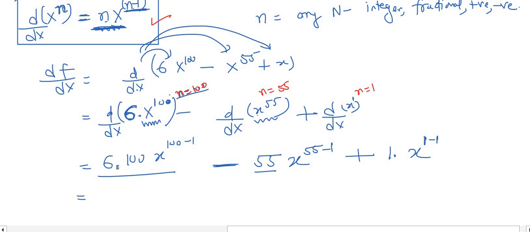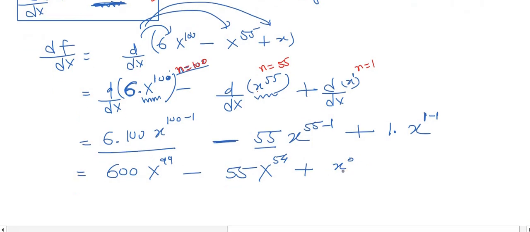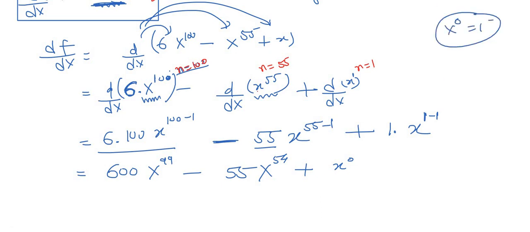So it will be 600 x raised to power 99 minus 55 x raised to power 54 plus 1 into x raised to power 0. And we know anything raised to power 0 is 1 only. So I can just write it as 1. So this is nothing but 1. So this is your answer.